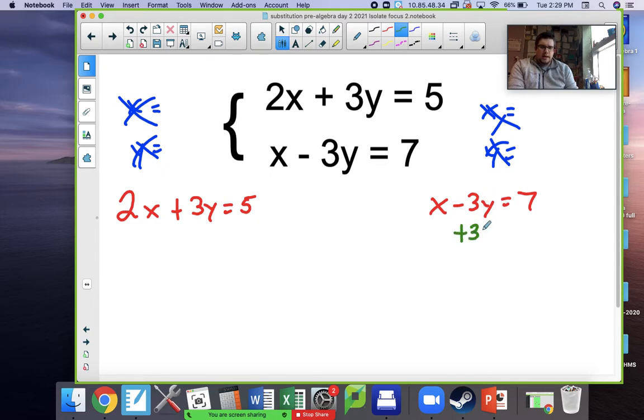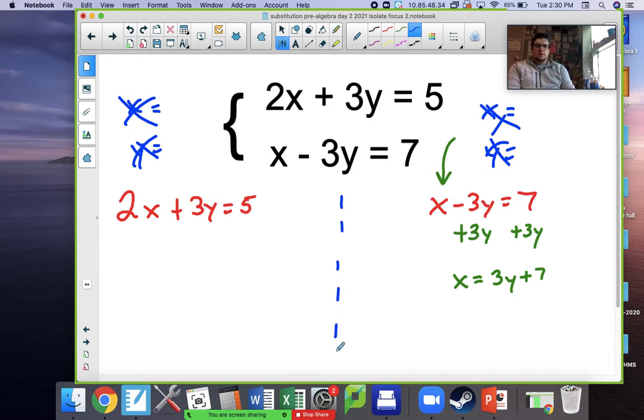So if I were to add 3y to both sides, I get x equals 3y and a positive 7, so plus 7. And now I do have an x equals. So we want to find the letter that's mostly by itself, and we're going to make it fully by itself.